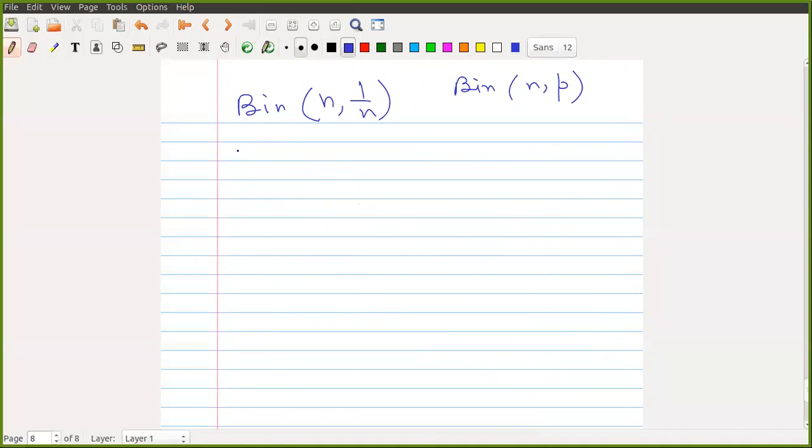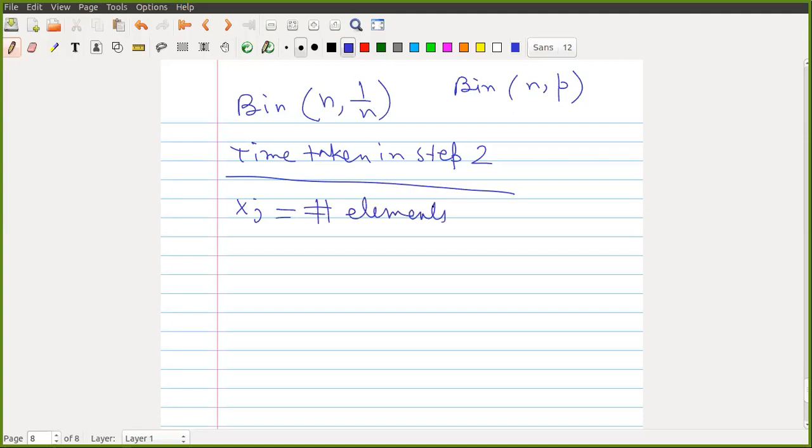Now we want to find how much time step 2 takes. Suppose xj is the number of elements in bucket j.